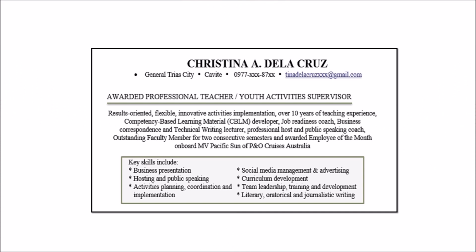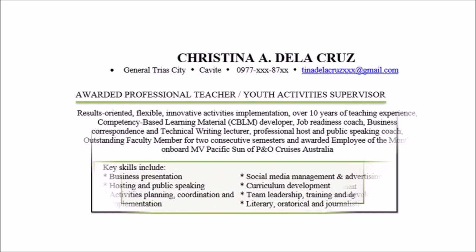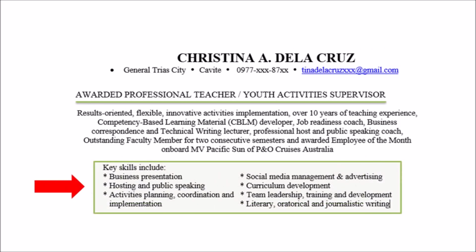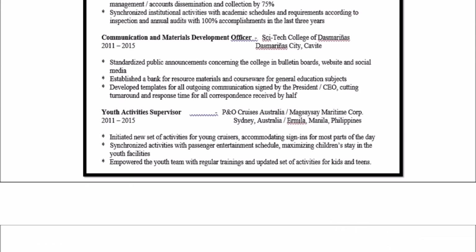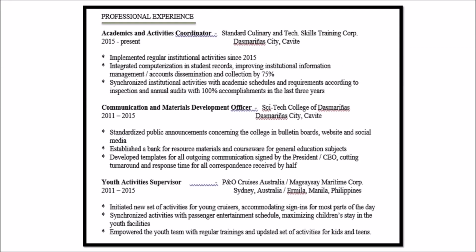The combination resume is typically divided into two parts. The first part is similar to a functional resume, that it highlights skills, achievements, and qualifications. The second part is the timeline of work experience.